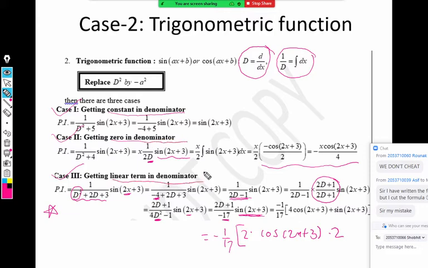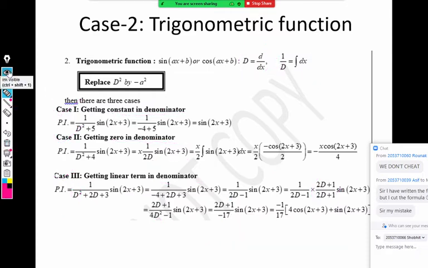Depending on the case, we do the next step: for a constant, that is the answer; for 0, multiply by x and differentiate the denominator; for a linear term, rationalize. Those are the 3 important keywords you should remember. So it becomes clearer now. Let us start one example on this.